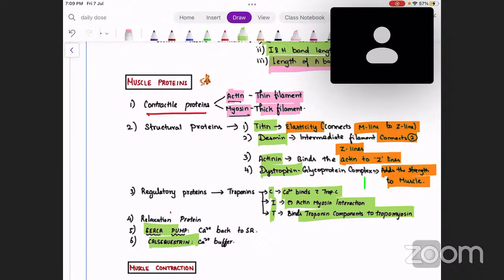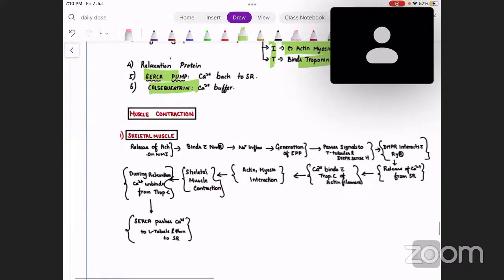Then the regulatory proteins, troponin C, I, T. C for calcium, I for inhibition of the actin-myosin interaction, and T connects troponin to tropomyosin. Then the SERCA pump and calsequestrin, which return calcium to the sarcoplasmic reticulum and buffer it.